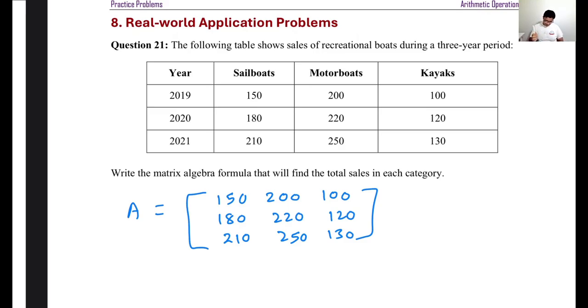Now, the rows of this matrix correspond to the years 2019, 2020, and 2021. We do not write them in the matrix itself, but that is our interpretation of the rows. That's like metadata, extra data about the table. It's like a row header.